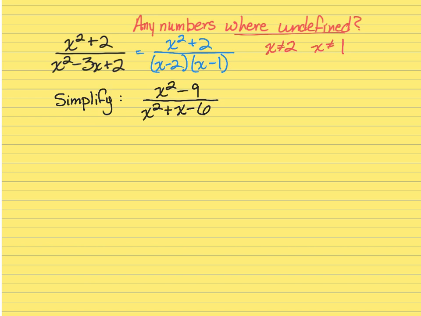Like if you have, say, 5/10, you'd never leave it as 5/10. You would always reduce that down, simplify it down to 1/2. They're equal, 5/10 is equal to 1/2, but 1/2 is a simpler version.